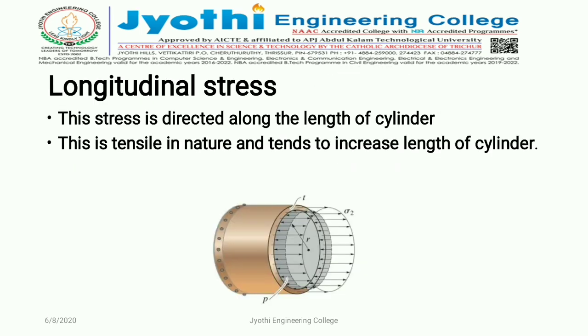Next we consider longitudinal stress. Longitudinal stress acts along the length of the cylinder. It is mainly tensile in nature and tends to increase the length of the cylinder. Next, we are going to find the magnitude of longitudinal stress.